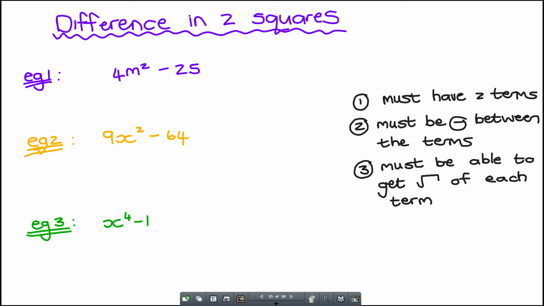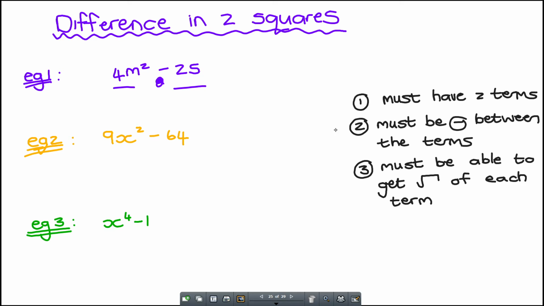So there's 3 requirements when we do difference of squares. Number 1, we must have 2 terms. So meaning if you have 3 terms, then we can't use this method. The second thing is that there must be a minus between those 2 terms. Here you can see I've got 2 terms and there's a minus in between.